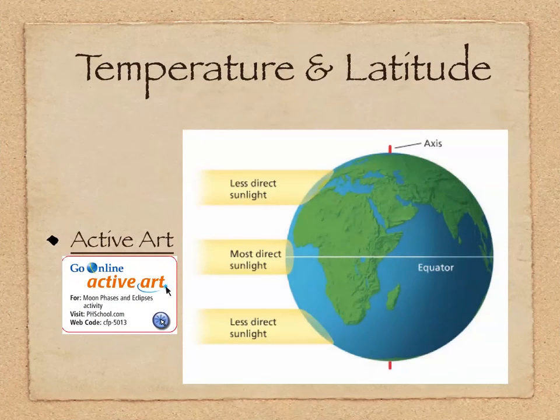So this is pretty important. Temperature varies with latitude. In the equator areas, they get the most direct sunlight and the most concentrated sunlight. However, as you move to the north and south poles, that amount of light gets spread out over a larger and larger area.